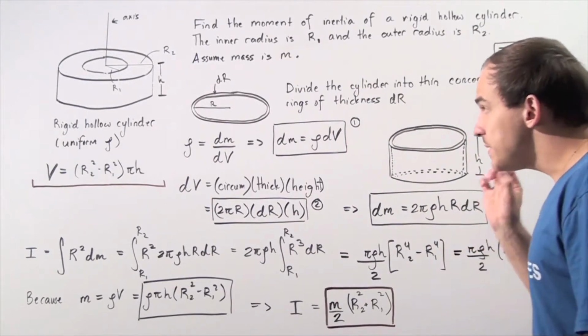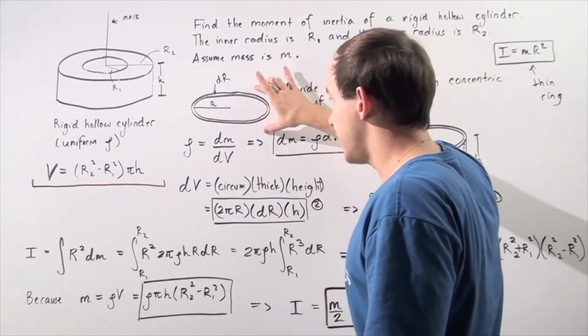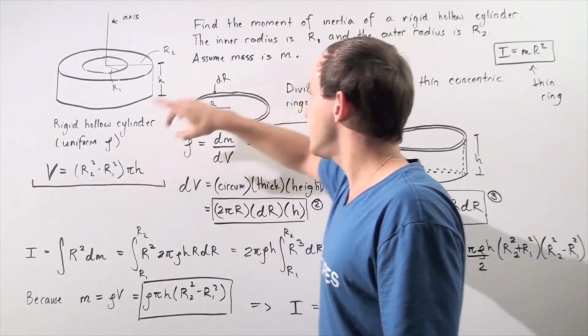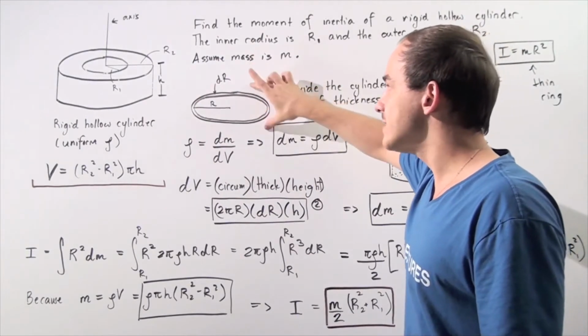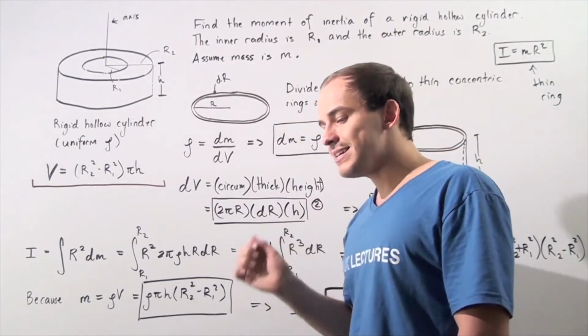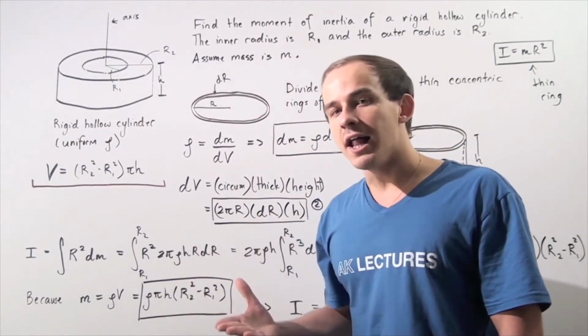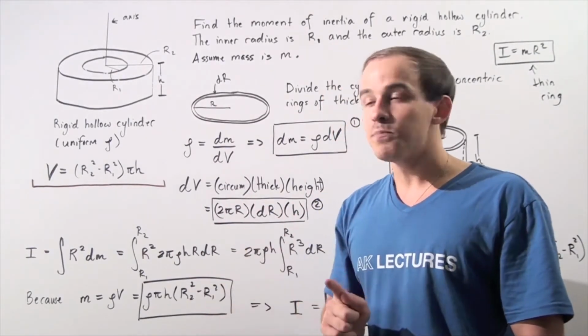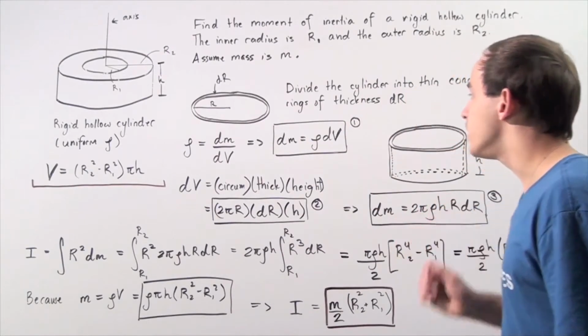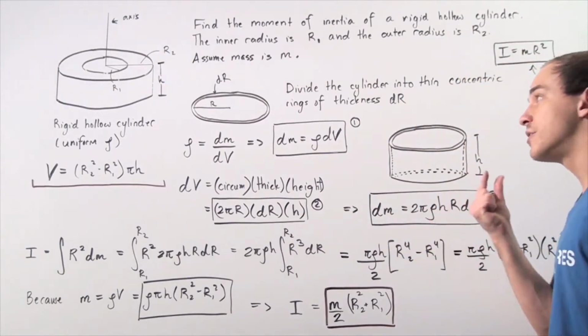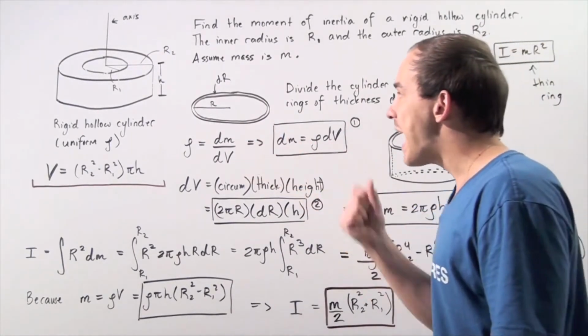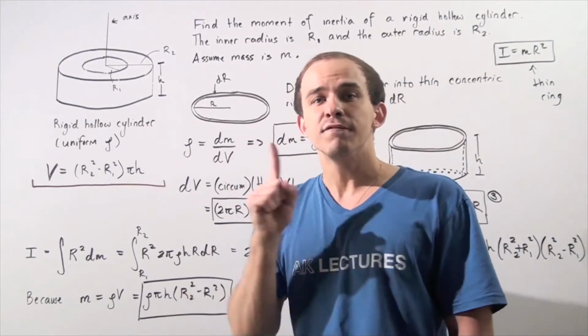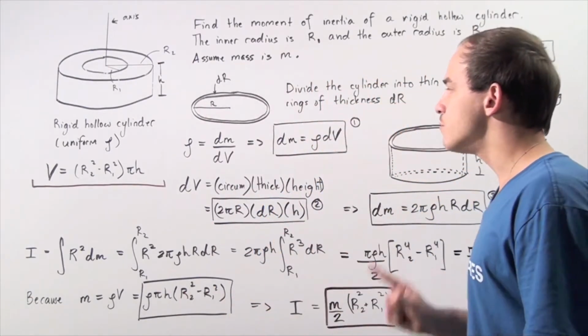Now, let's begin by trying to calculate the density of this ring. Recall, density is equal to mass divided by volume. Now, what exactly is the mass and what is the volume? Well, because we're dealing with an infinitely small thickness, the mass is infinitely small and the volume is also infinitely small.